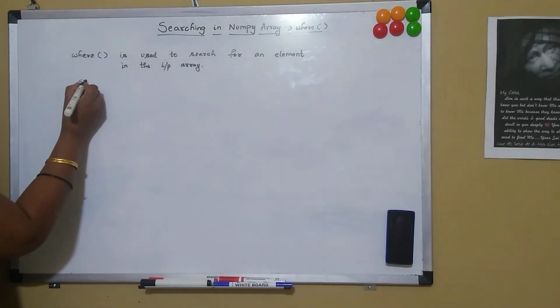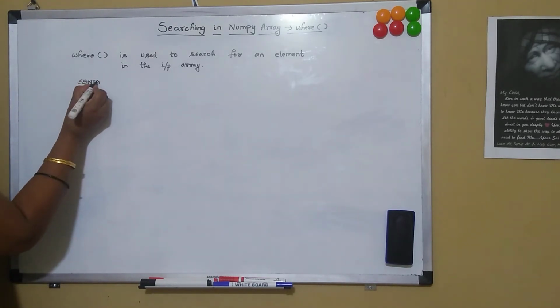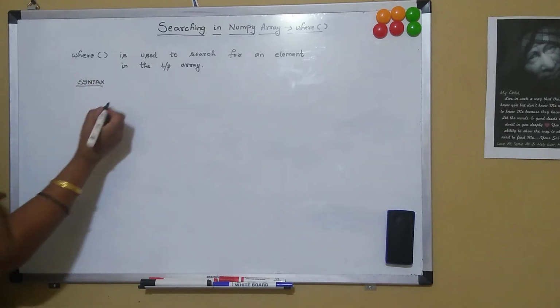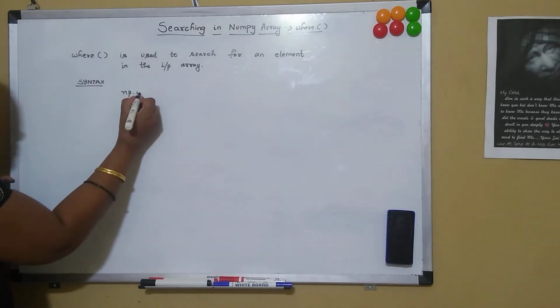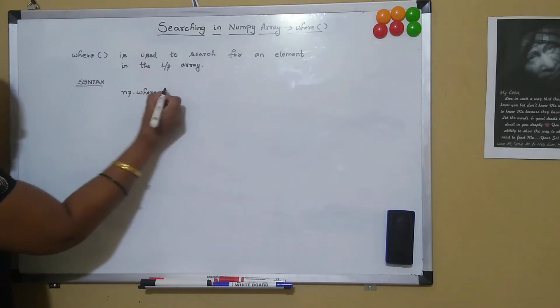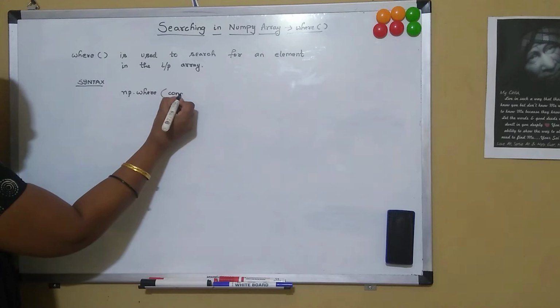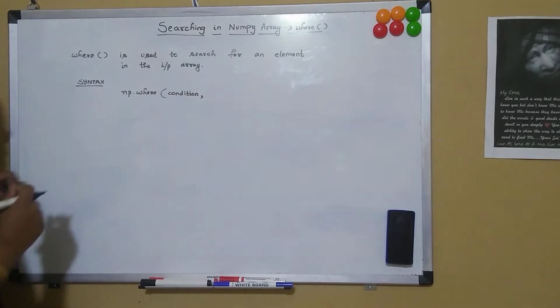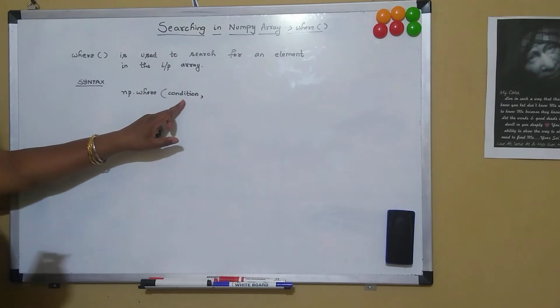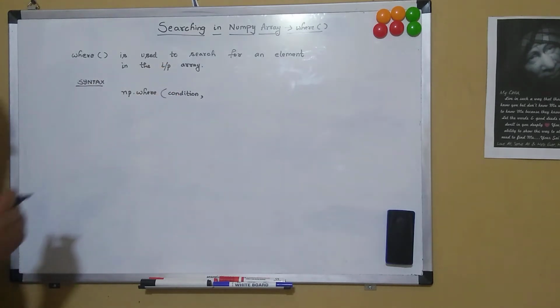So what is the syntax for the where function? The syntax for the where function is np, which is the alias name for numpy, dot where. Then we have to specify a condition, which the elements in the input array must satisfy.